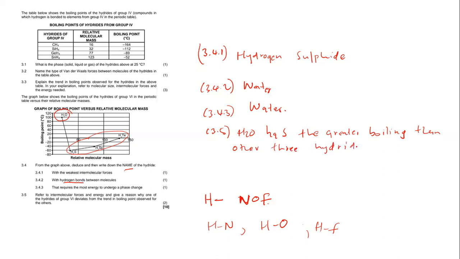Now, what is the reason behind that? So it deviates. We are talking about the deviation here. It's water that has the greater boiling point than other hydrides. So that's the deviation part that we are stating there.